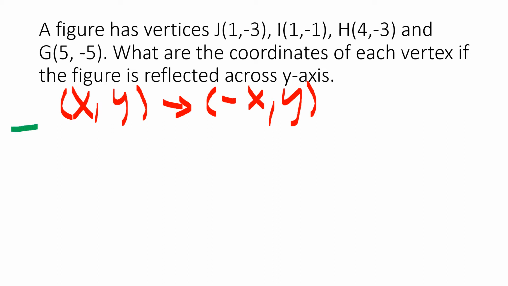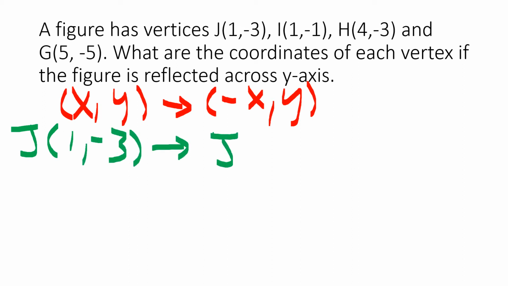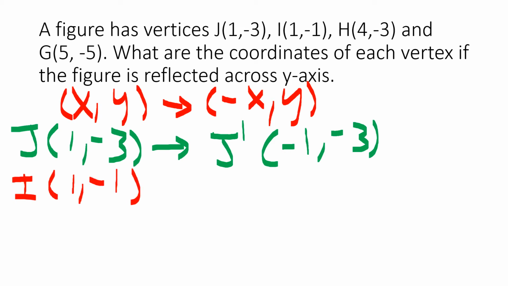We have J is (1, -3), J prime will be (-1, -3). And we have I is (1, -1), I prime will be (-1, -1).